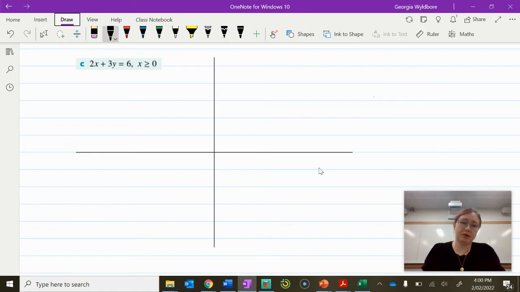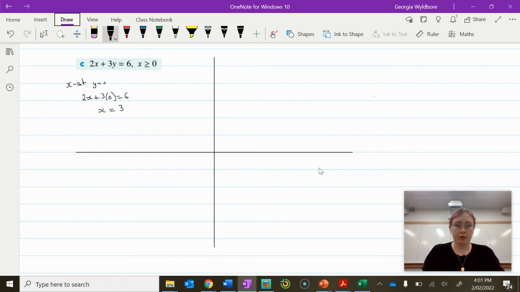The easiest thing to do is to work out where your intercepts are. So our x-intercept, when y is 0, is going to be 2x plus 3 times 0 equals 6. So 2x equals 6, so x equals 6 divided by 2, which is 3.